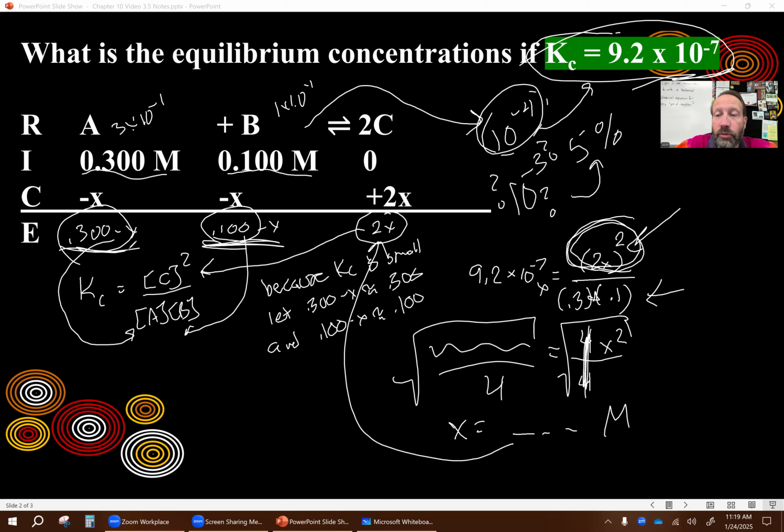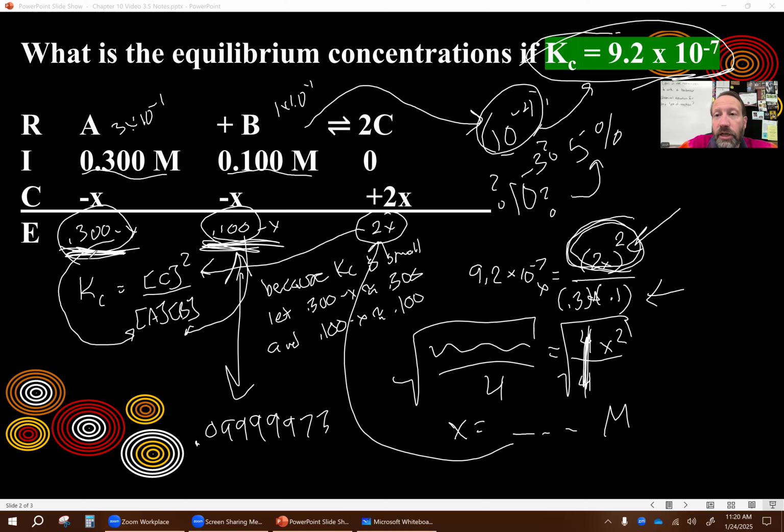I've seen this in a problem once in a textbook where you do this and the textbook answers actually subtracted from x, but their answer for B was 0.099999973. Well, by the time you round to your 3 sig digs, what are you left with? The exact same thing you started with. So if you do this approximation and it's a valid approximation to make, it really should not make much difference at all up there. All right, that's what I wanted to show you.